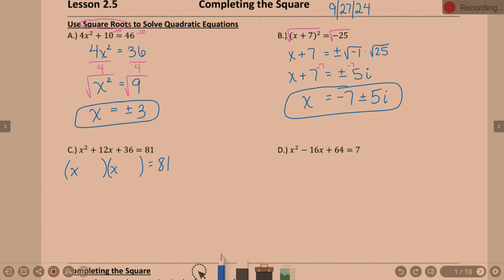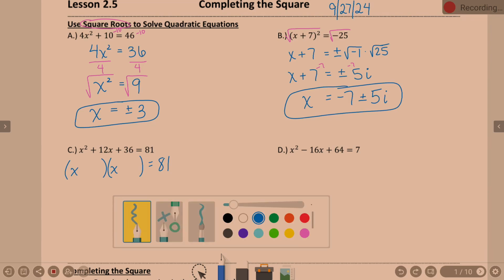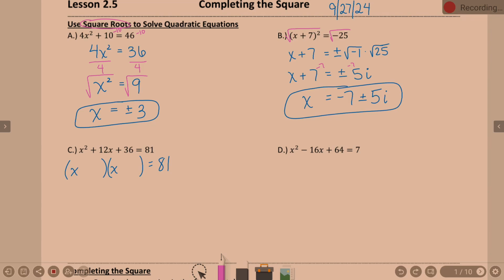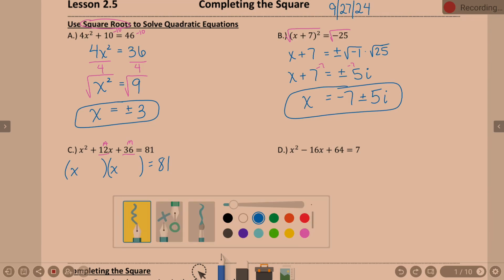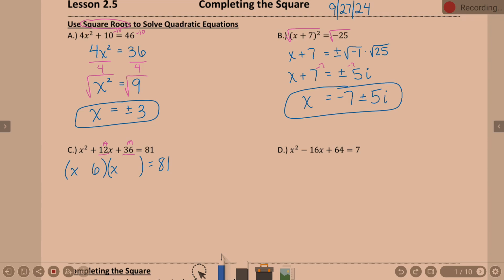I need numbers that multiply to 36 and add to 12. What multiplies to 36 and adds to 12? 6 and 6, yes? And if they multiply to be positive and add to be positive, they are both positives.